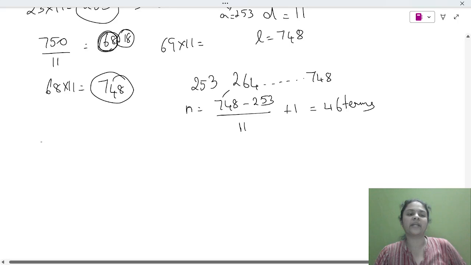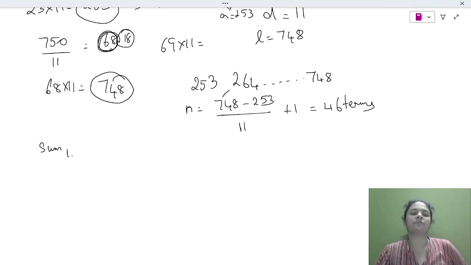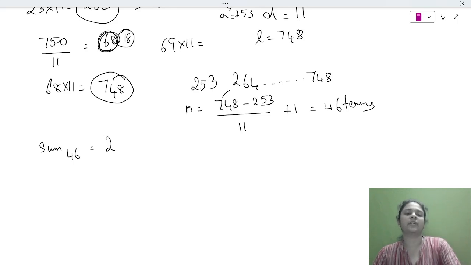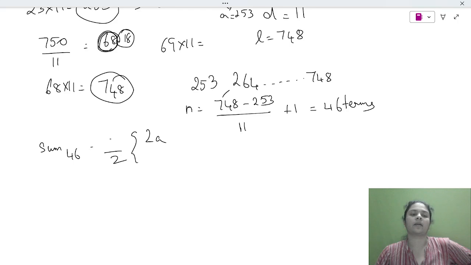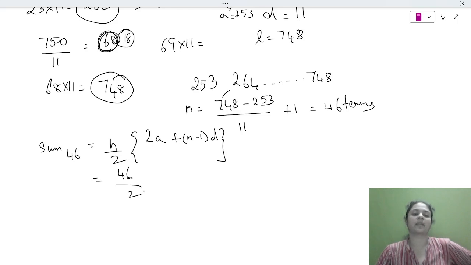Now how to find the sum of 46 terms? Simple, we have the formula n by 2 into 2a plus n minus 1 into d. Where n is 46 by 2. What is the value of a? A is 253.